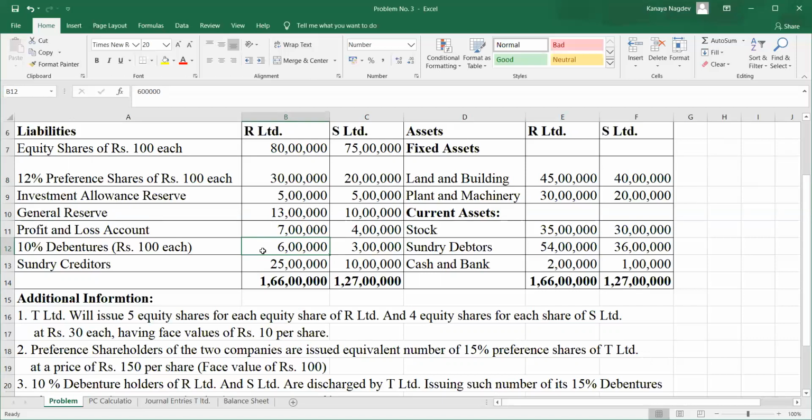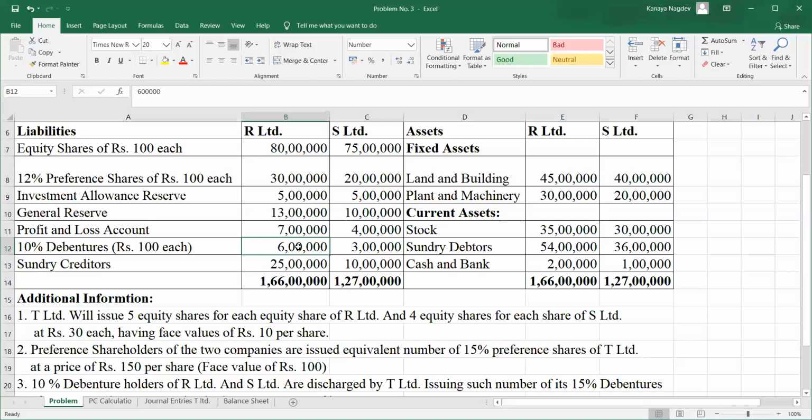If the purchase consideration paid is less than the assets taken over, then the company has a gain, which is to be credited to capital reserve. So while incorporating this entry, we have to check whether our debit and credit tally with each other. If not, there will be either goodwill or capital reserve. Goodwill will be debited and capital reserve will be credited. So we are going to see this adjustment.